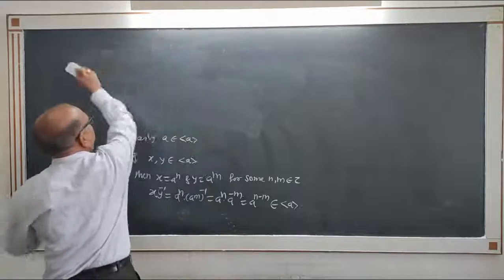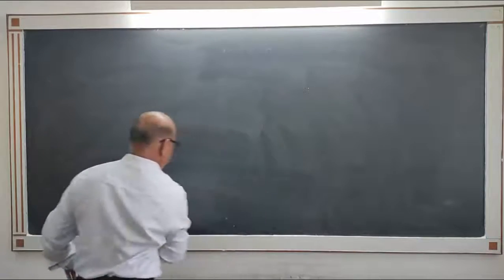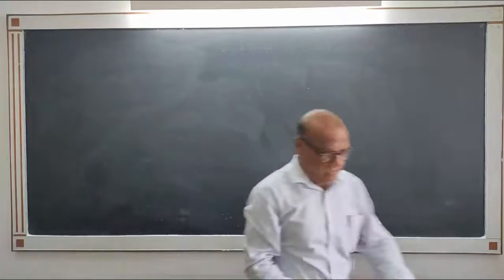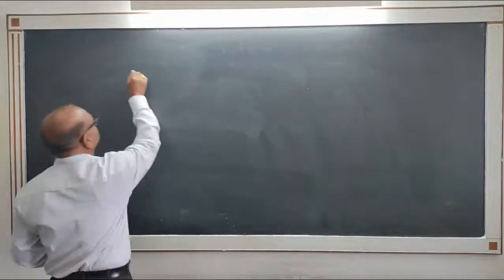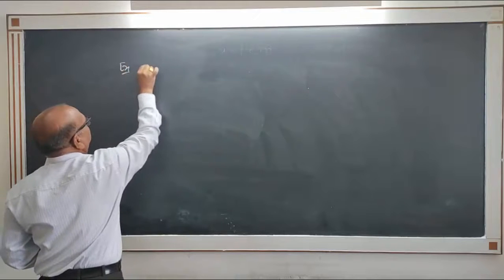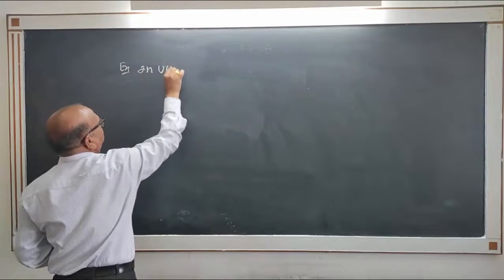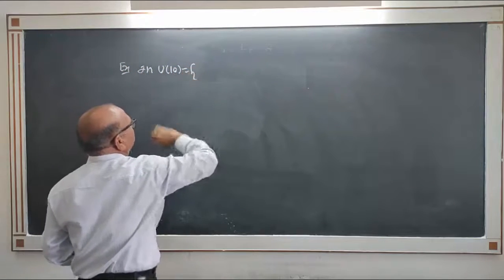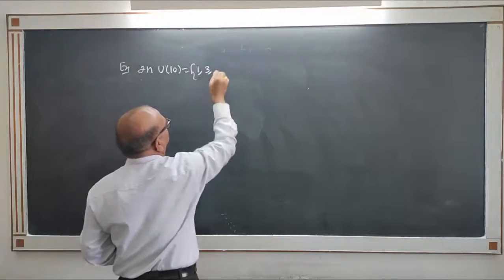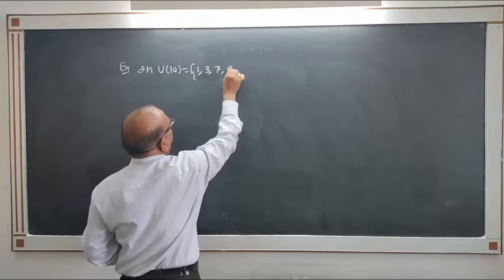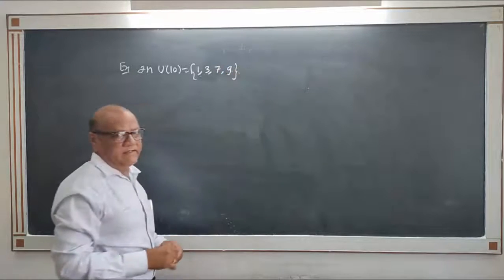Now see another example. U of 10 contains elements 1, 3, 7 and 9.